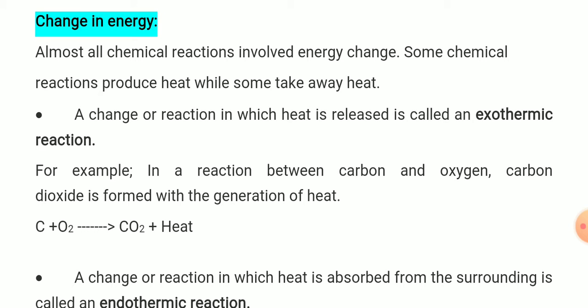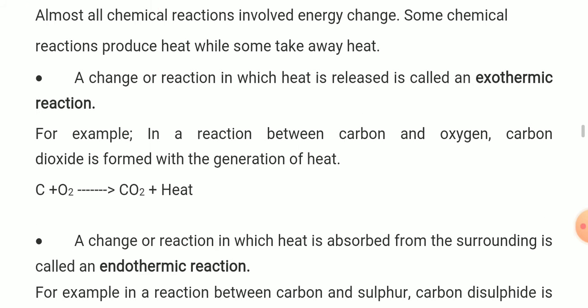Example of an exothermic reaction: when carbon reacts with oxygen it produces carbon dioxide, C plus O2 gives CO2 plus heat. So in this reaction heat is produced. Therefore this reaction is an exothermic reaction. Burning of any fuel, burning of paper, burning of wood, all these reactions are exothermic reactions.